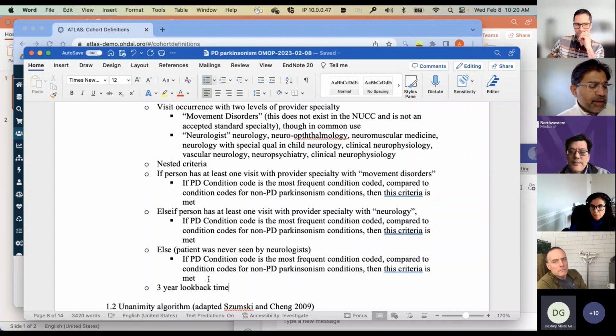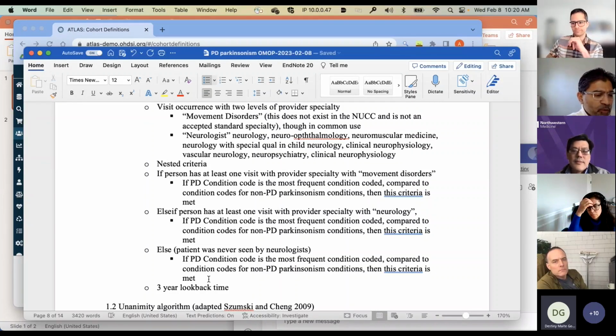Yes, could you elaborate on the most frequent rule here? In other words, is it at the subject or the patient or the person level, or are we talking about the provider level? The provider more frequently codes Parkinson's disease versus non-PD Parkinsonism, or is it the patient got more codes?